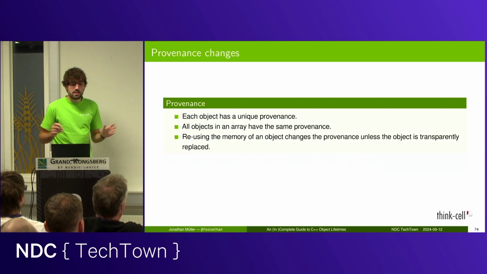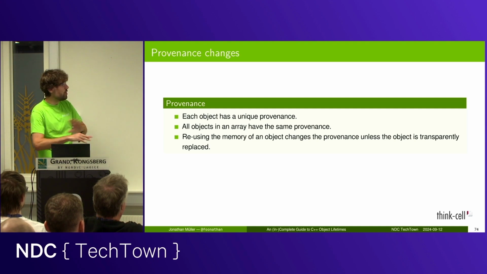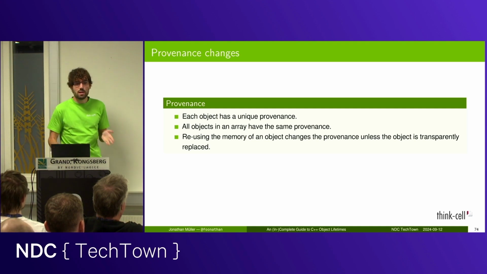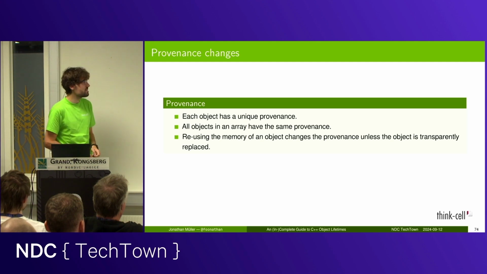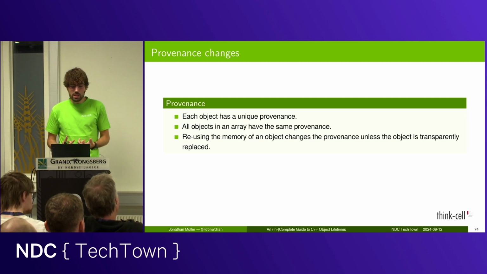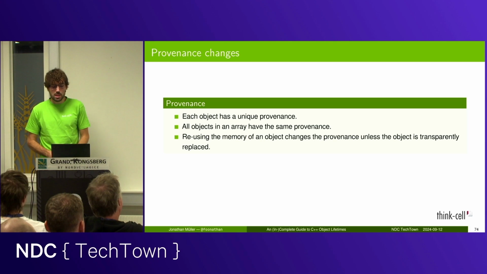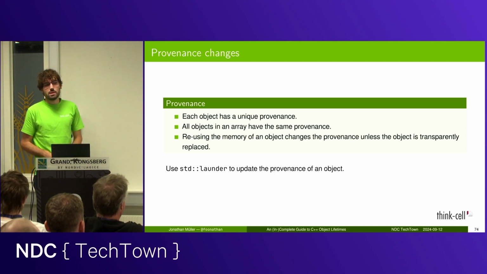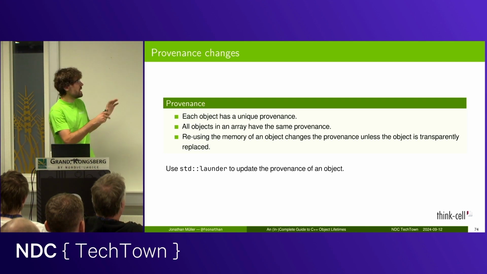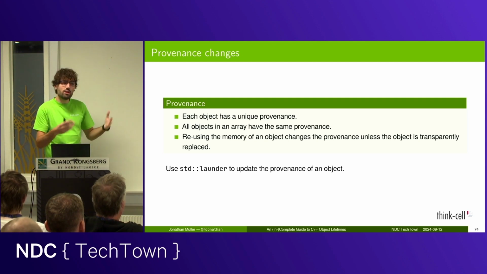So every object has a unique provenance. All objects in an array have the same provenance. This allows us to do pointer arithmetic for arrays, right? But not for single objects. And then when you reuse the memory, this changes the provenance unless we do transparent replacement. And in that case, we can use launder to update the provenance, but not in the out-of-bounds case. And this explains a bit why launder is an identity function.